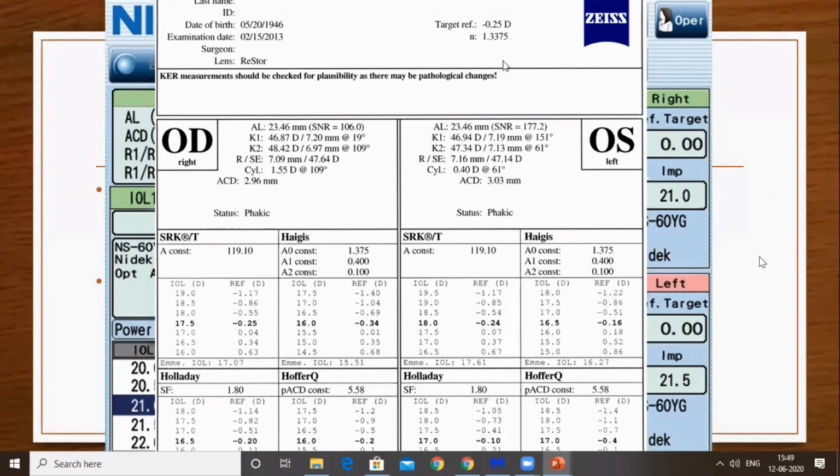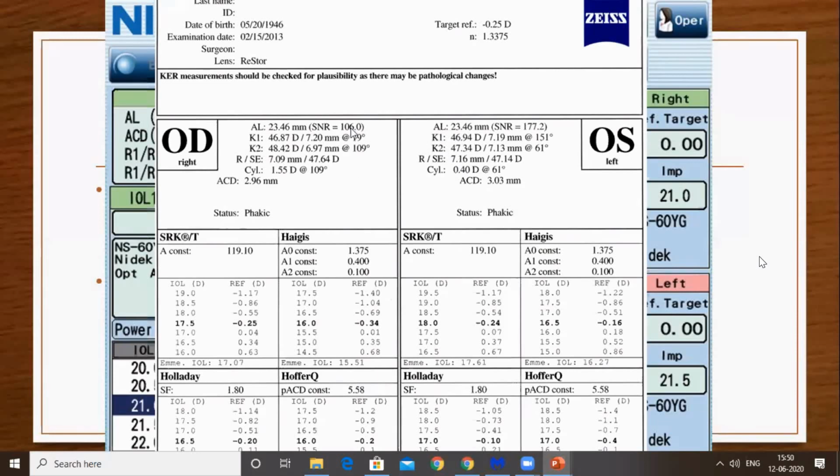Many of the non-contact methods will show this kind of error warning if there is a difference in axial values, or if the machine thinks the values are not accurate. In this condition, the patient may have some kind of corneal problem or retinal problem. But here the patient's cornea is clear, so you get the keratometer values.